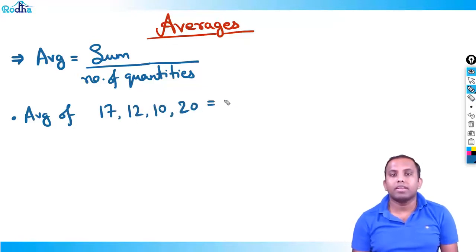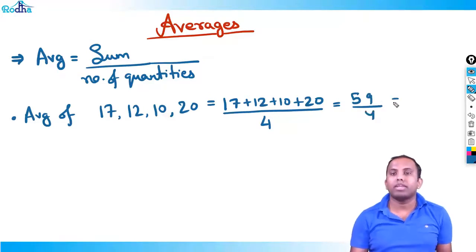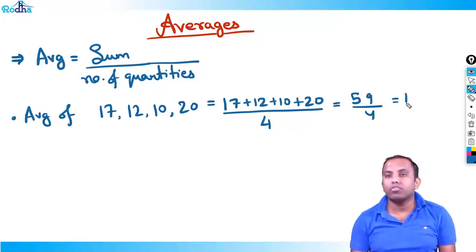It is easy, right? 17 plus 12 plus 10 plus 20. There are four numbers here. Sum divided by 4. Okay. So 29, 39, 59. So 59 by 4 it is. 59 half is 29.5. 29.5 half is what? 14.75 is the average.